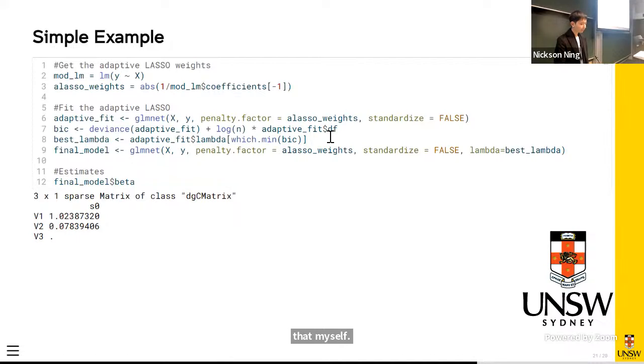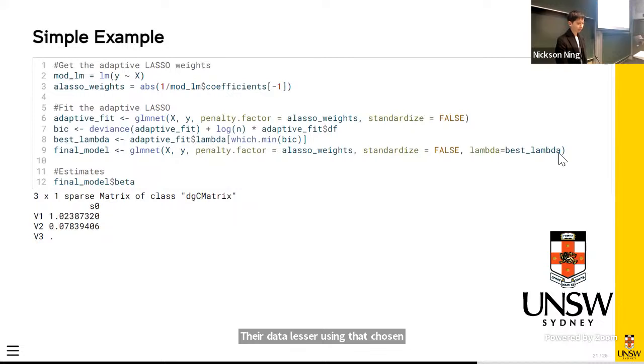It's line 7 here. Then you can choose the best amount of penalty, the best lambda, by finding the lambda that minimizes the BIC, and then finally fitting the adaptive lasso using that chosen value of lambda.